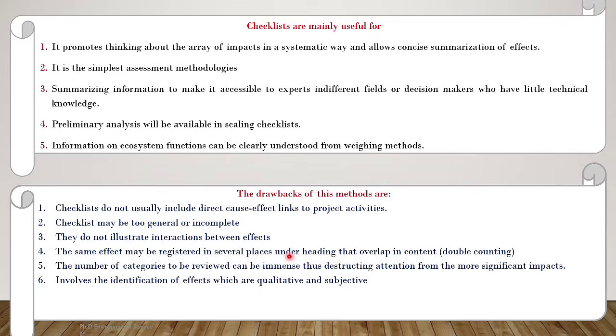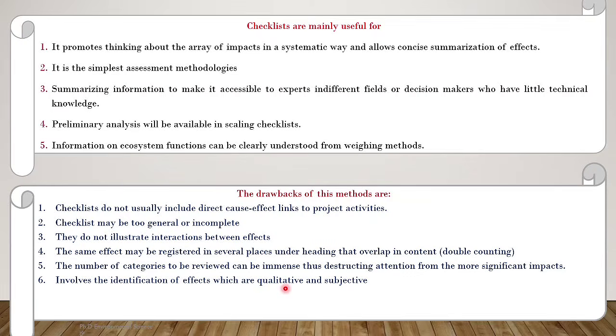The number of categories to be reviewed can be immense, potentially overwhelming the assessor and distracting attention from the more significant impacts. The identification of the effects often involves qualitative and subjective judgment, which can vary between different assessors and lead to inconsistencies.